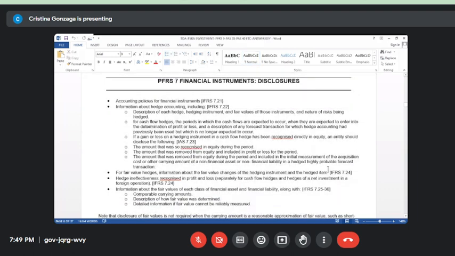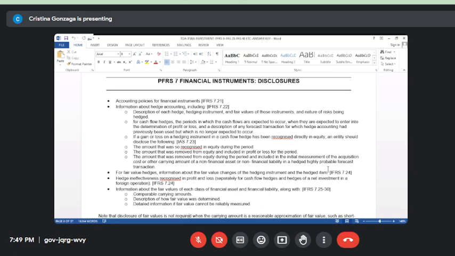It covers the accounting policies for financial instruments, meaning to say kapag nagpe-present ka ng notes to financial statements for financial instruments, one of the most important disclosures is kailangan mag-summarize ka ng accounting policies for financial instruments. Napakadami nun.